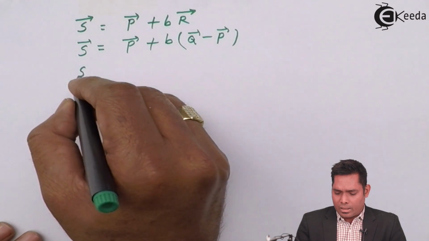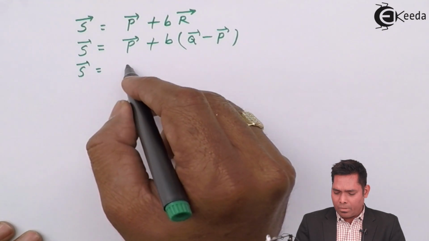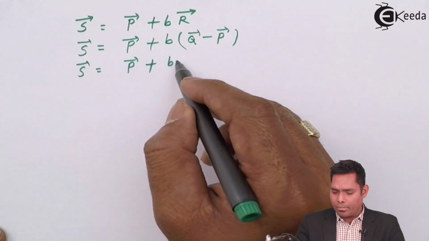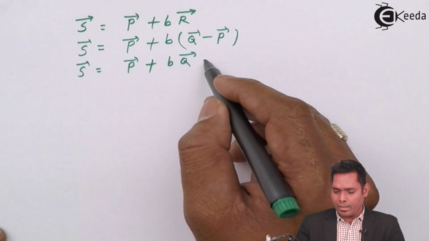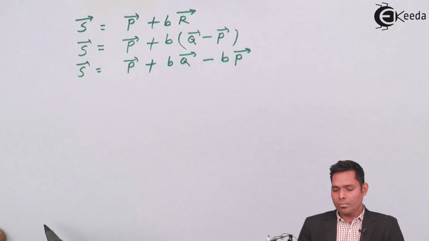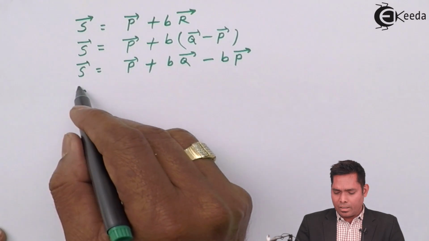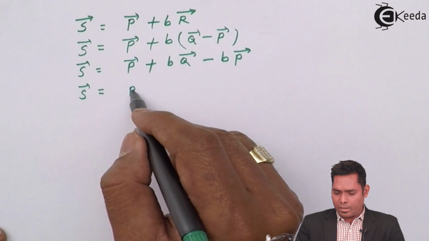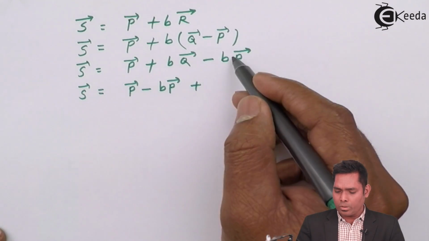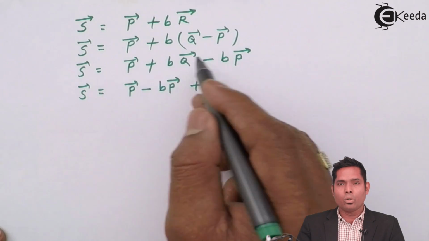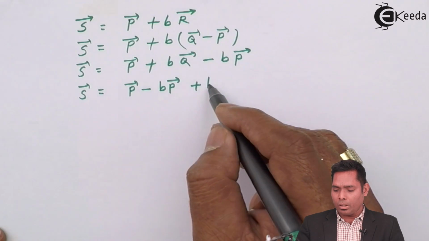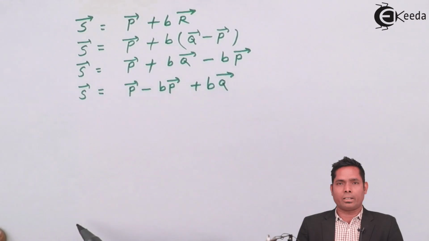Now this S vector can be written as the P vector plus B times the Q vector minus B times the P vector. This S vector can be written as the P vector minus B times the P vector; this is brought to this side. These two are clubbed together and this one remains, B times the Q vector.